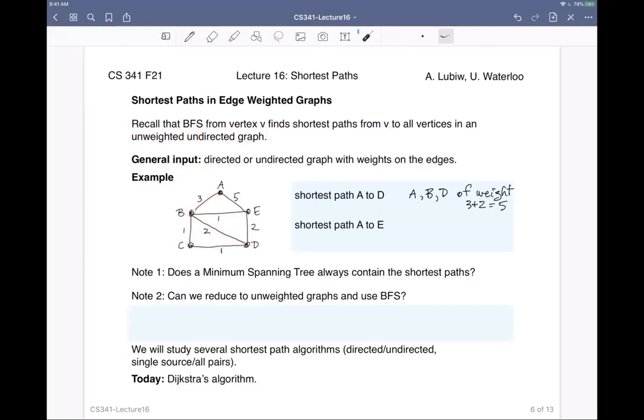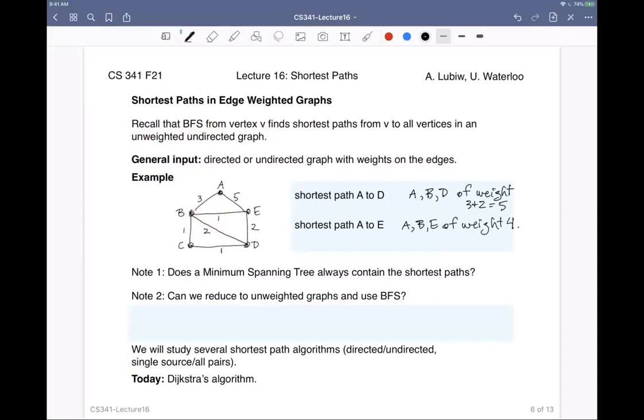And that might be one of the things we'll look at in maybe one of the problem sets. On the other hand, if I look, for example, what is the shortest path from A to E, I could get there with weight 5. I could also do weight 3 plus 1, and I believe that's going to be the shortest here. So A, B, E of weight 4.